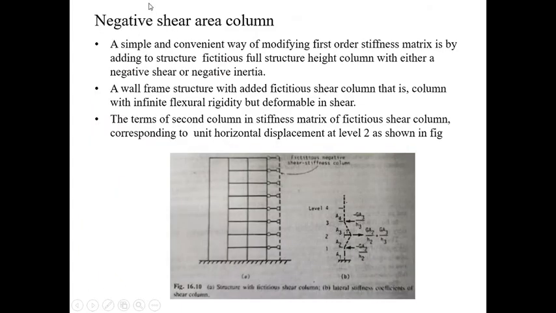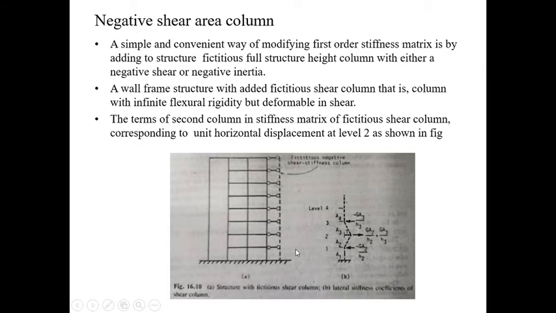Next, as we know, to follow this analysis procedure, we do some modification to the structural model. A simple and convenient way of modifying the first order stiffness matrix is by adding to the structure fixtures, throughout the height, a column which has either a negative shear area or a negative inertia.